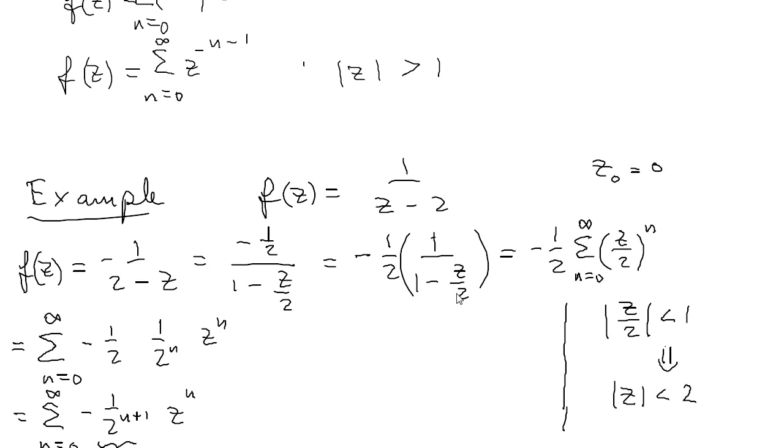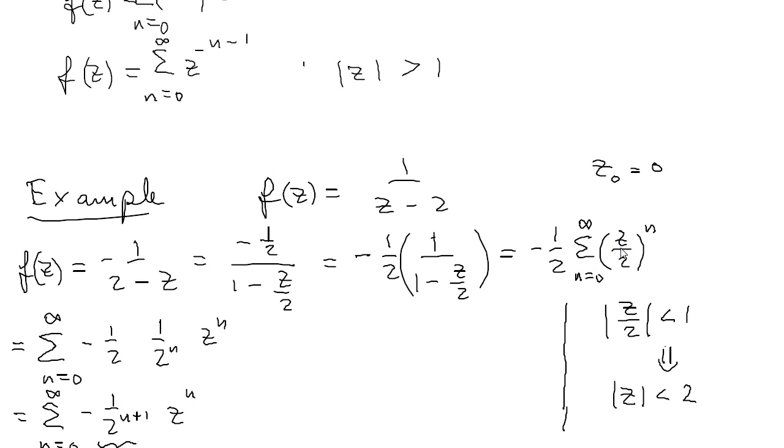So now I can replace this by the sum of a geometric series where u is equal to z over 2. So I keep this factor and multiply with the sum of z over 2 to the power of n. And as usual, n is going from 0 to infinity.